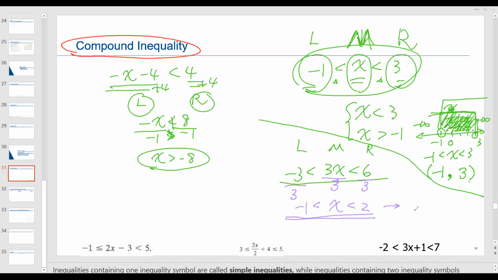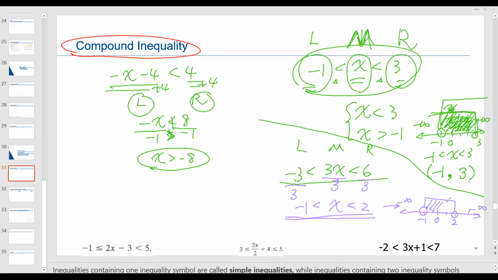When we do graphing, this is negative infinity, positive infinity, and 0, 1, 2. This is 2, and -1 right here. So greater than -1 and less than 2. And for the interval notation, we just need -1 and 2 with parentheses, because we are not including the endpoints. So there's no big difference.